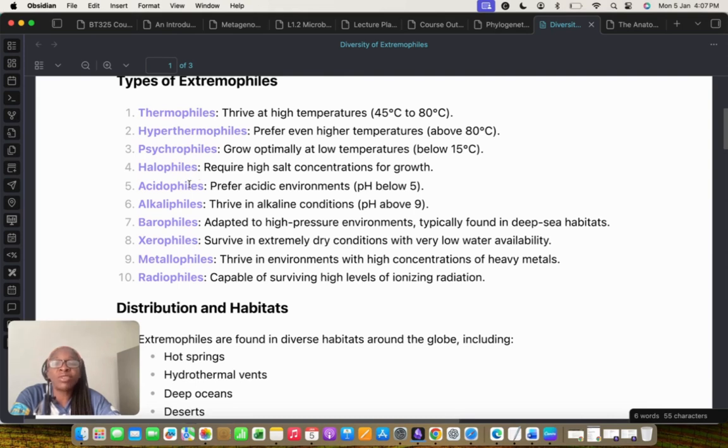So if you have high salt conditions, that affects osmotic pressure in the cell, especially in plant cells, where plants wilt if they don't have enough water. So even the ability to be turgid, to be stiff, is difficult because of just having too much acid or too much salt or so on.